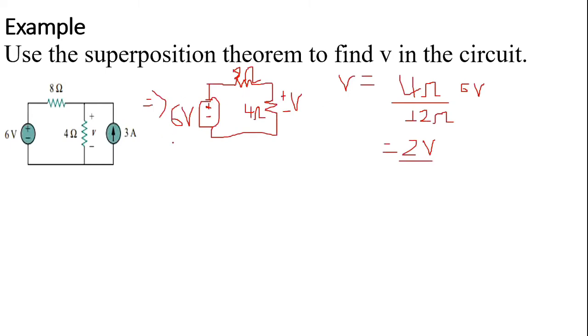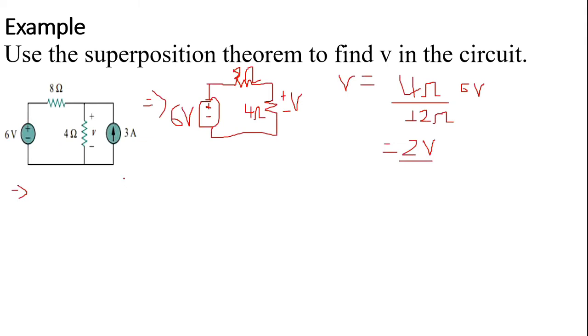Next, let's find the voltage drop across this resistor using the second source, the current source. Now let's turn off this voltage supply. If we turn off the voltage supply, we replace it with a short circuit.